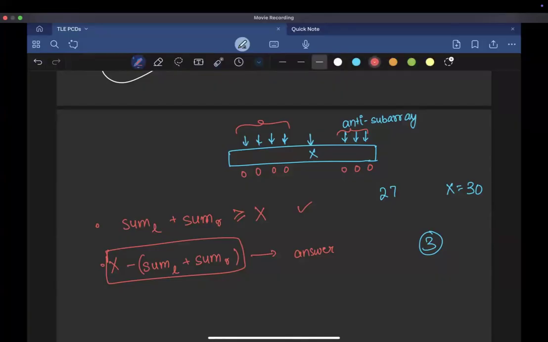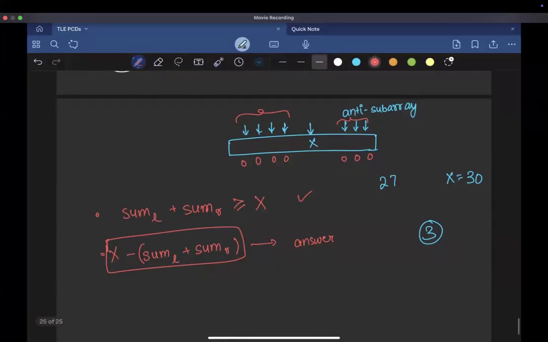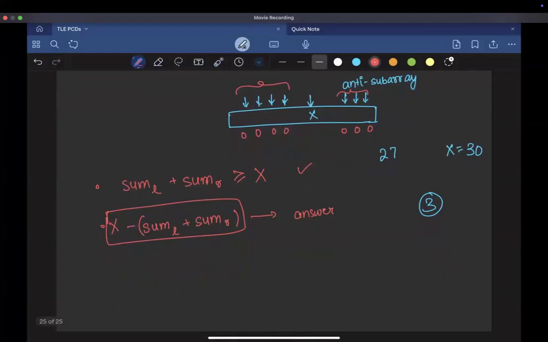And then what we will do is say that your current sum of all the elements that you have picked up is sum L plus sum R minus the value of the element for which BI was equal to 1. Let's say it was y.